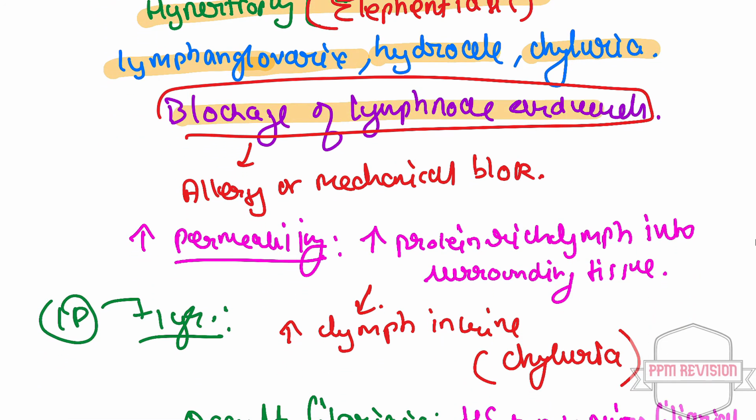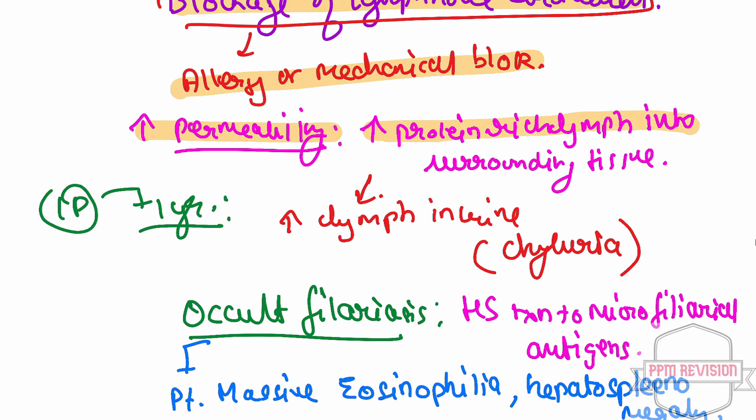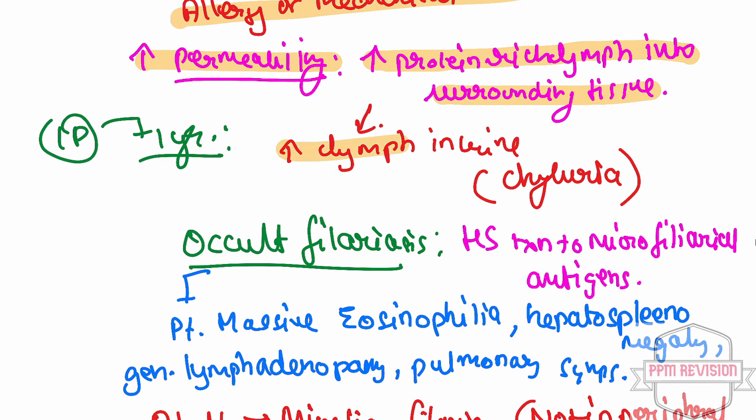And there is blockage of lymph node and vessels. It can be due to allergy as well as mechanical blockage. There is an increase in permeability, which increases the protein-rich lymph into the surrounding tissue. This causes the increase in lymph in urine known as chyluria, and the incubation period here is nothing but 1 year.